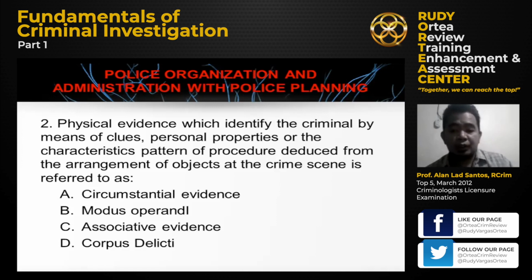Dahil when you say about associative evidence, guys, I want you to read this. When you say about associative evidence, it means it links, so take note of this, it links the suspect to the crime scene.